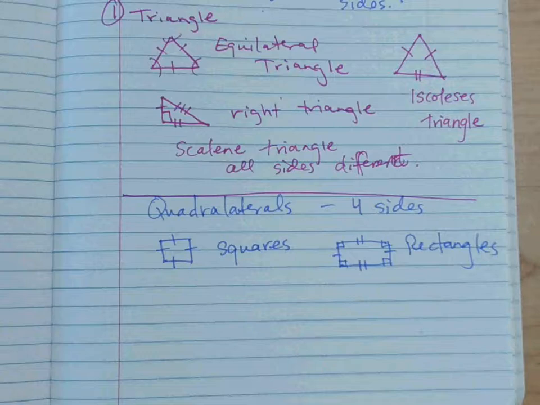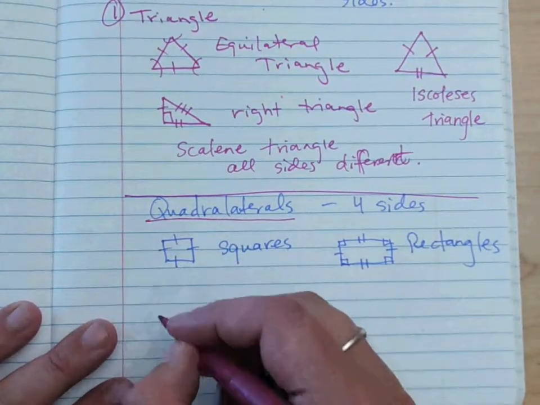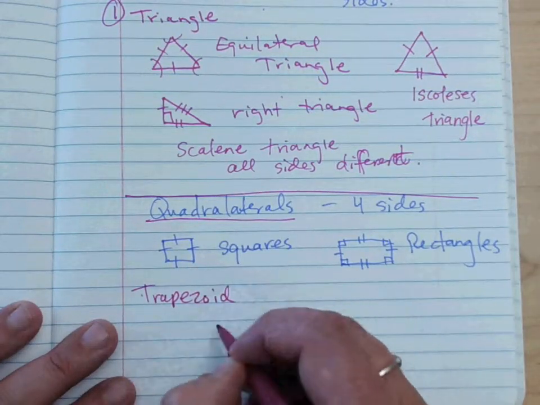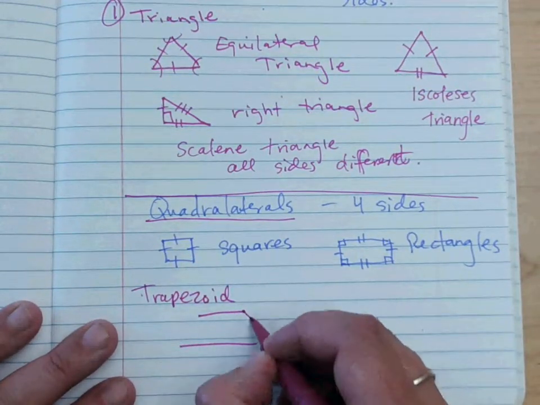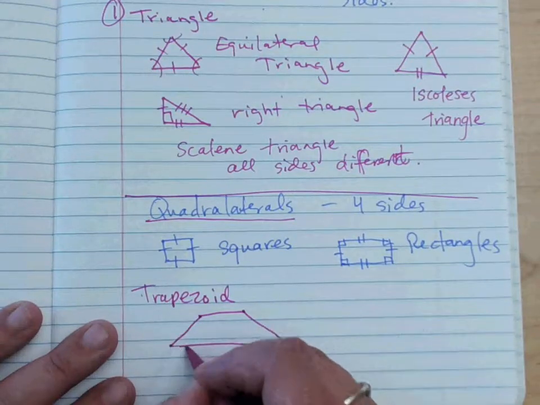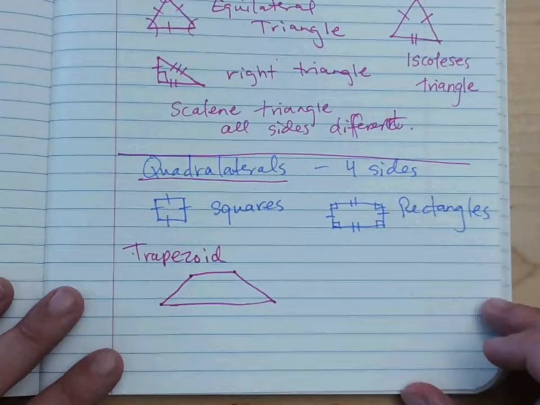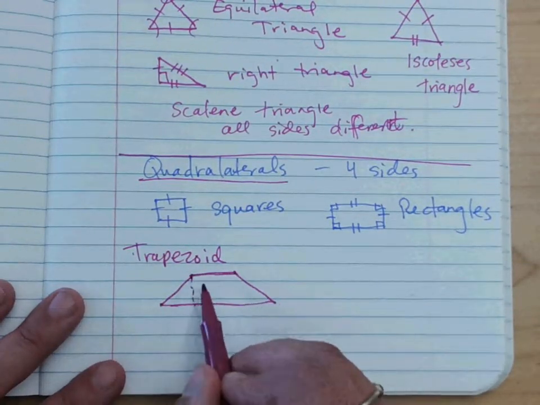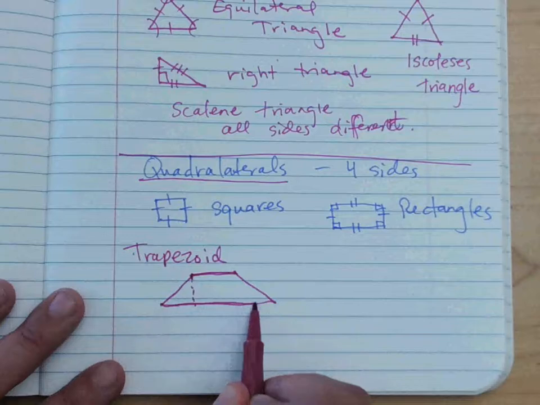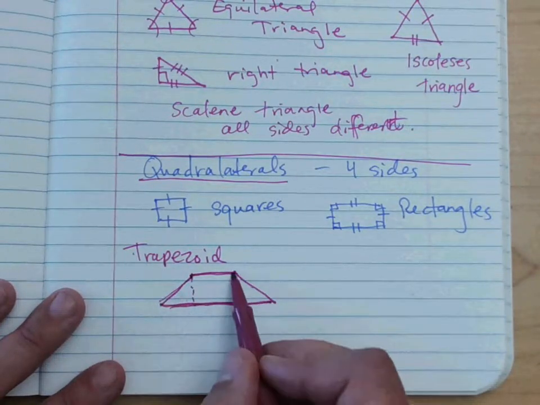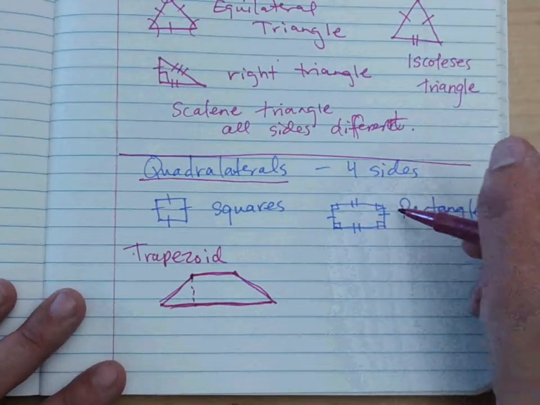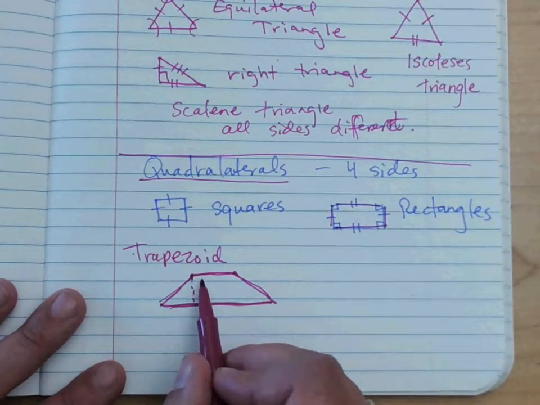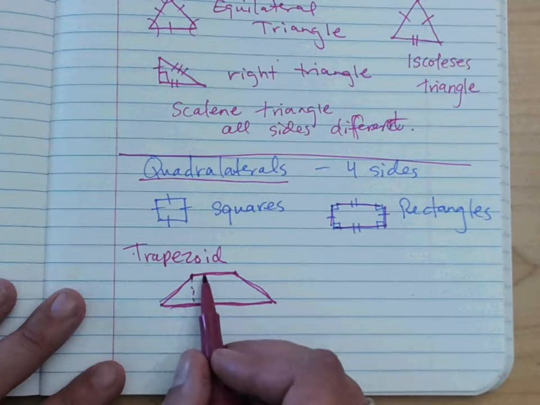Okay, a trapezoid is still a quadrilateral. That's a really great question. A trapezoid is almost exactly like a rectangle, except, well, it's not exactly like a rectangle at all, is it? It has 2 sides that are parallel, and these other sides are not parallel. In a rectangle, we have 2 sides parallel, and then in a trapezoid, usually it's the bottom.